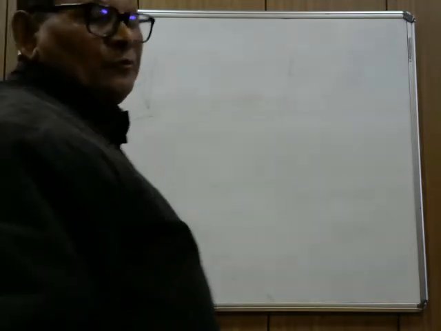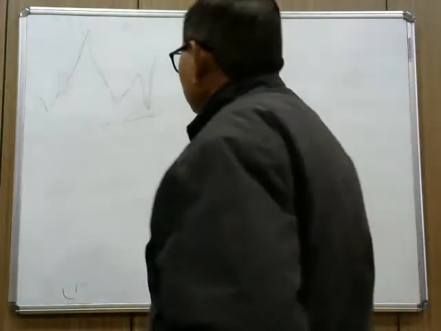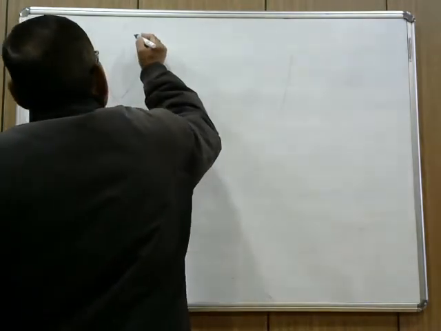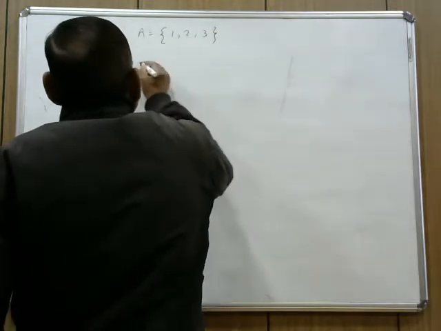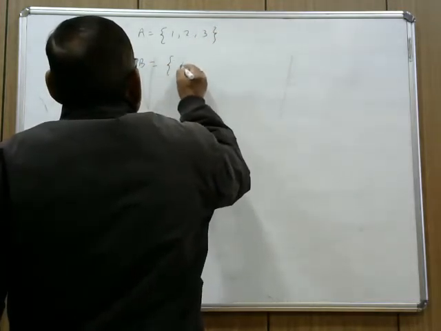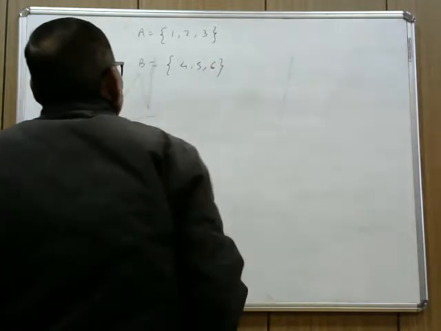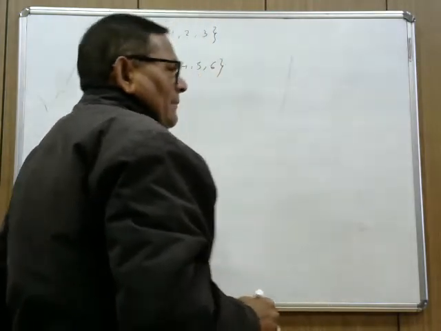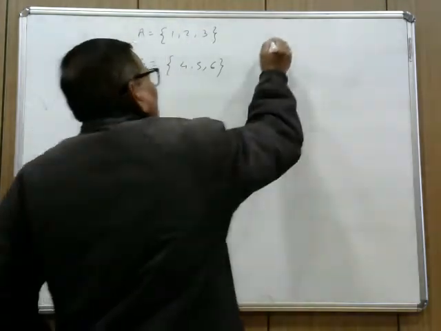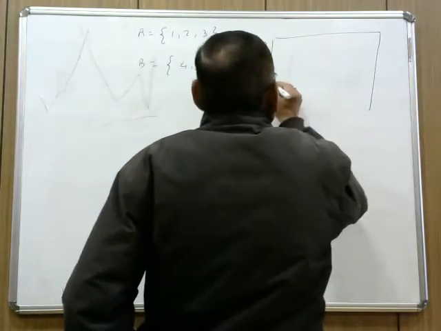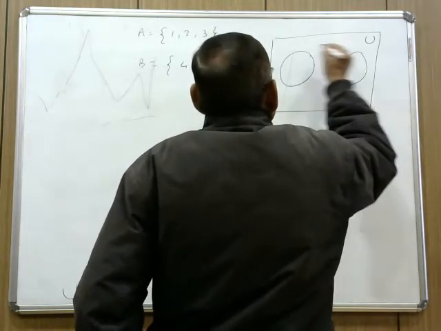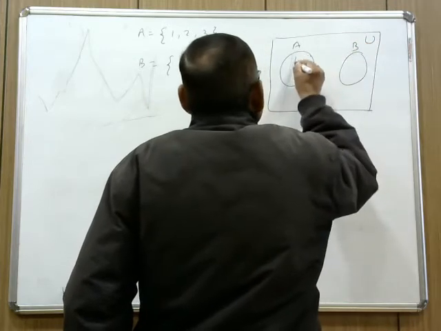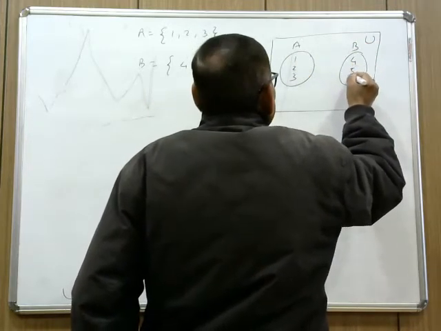Now I am explaining the disjoint property and overlapping property. In case of disjoint sets, if you take set A as {1, 2, 3} and set B as {4, 5, 6}, they are non-overlapping. Non-overlapping sets are disjoint sets. You can show this in a diagram. This is your universal set, this is A, this is B. A has elements 1, 2, 3, B has 4, 5, 6.